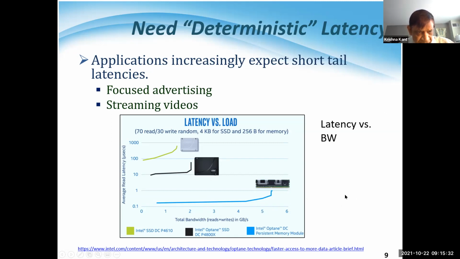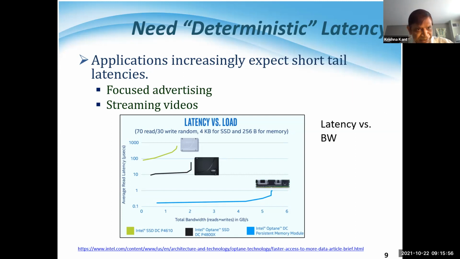What we would like to see is the behavior of these two technologies as opposed to the SSD behavior. The reason is that there are increasingly stringent storage requirements, and companies are clamoring for what they call deterministic latency.